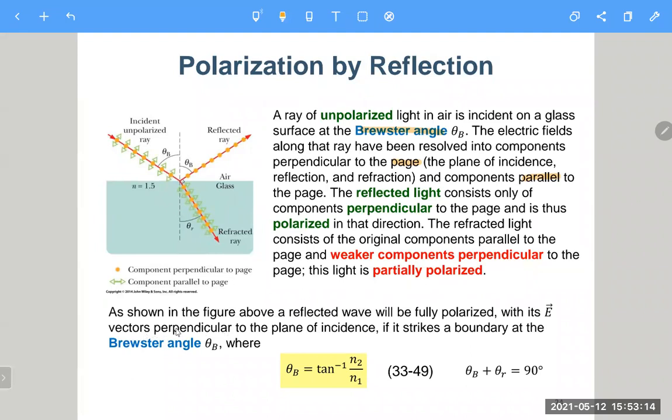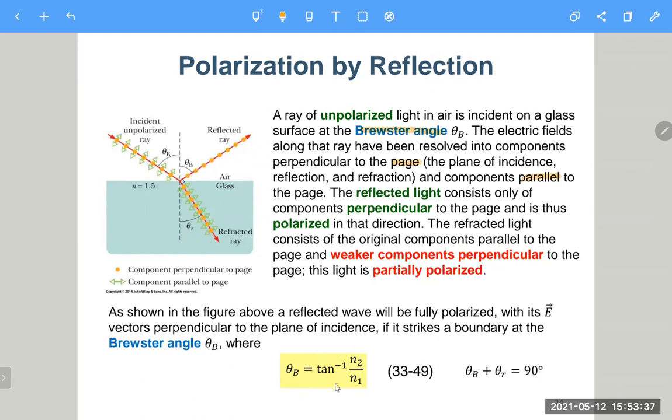Here, this angle can be calculated by this equation. You can see this is the glass, this is the air. Of course the index of the air is 1, which means N1 is 1, and N2 must be larger than 1.